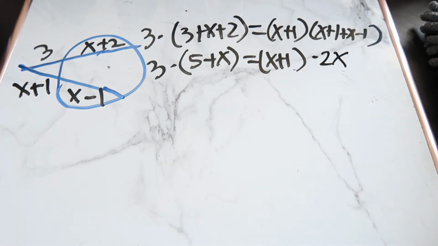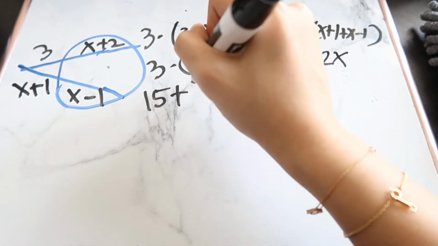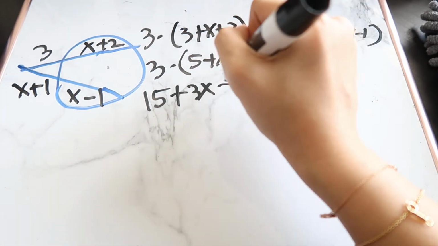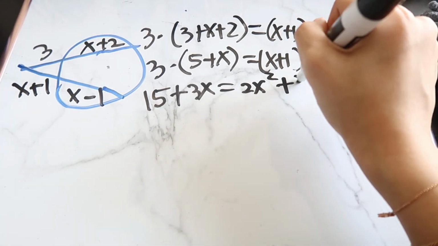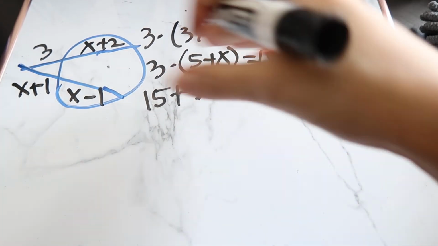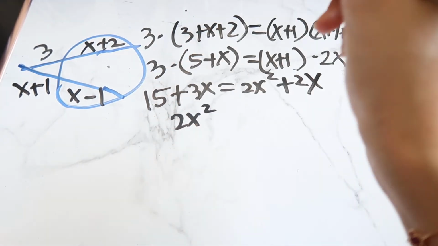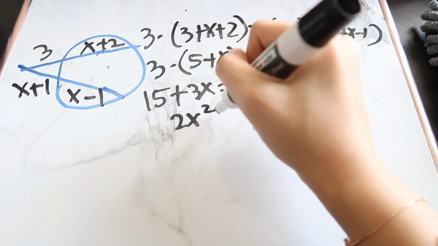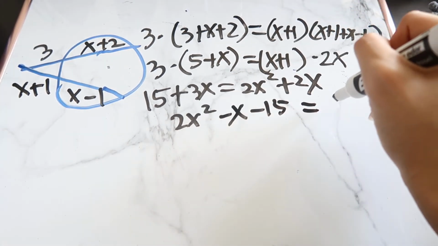Alright, and then again, we clean it. So it's 15 plus 3x equals 2x squared plus 2x. Then we move everything around. It will be 2x squared minus x minus 15, which equals to 0.